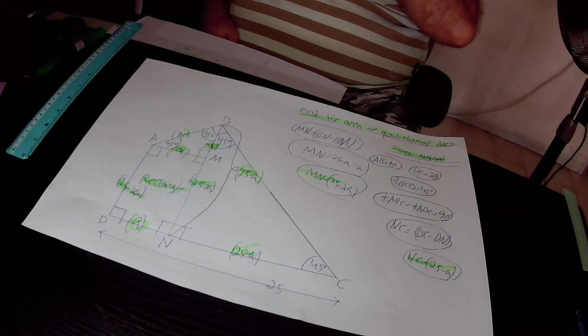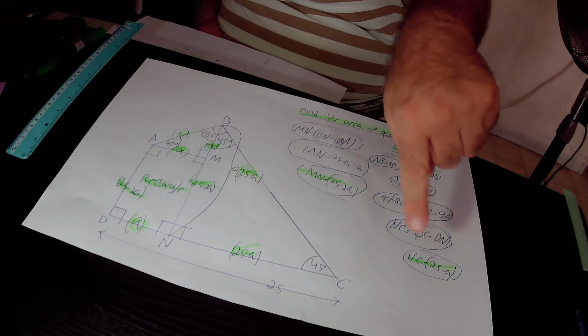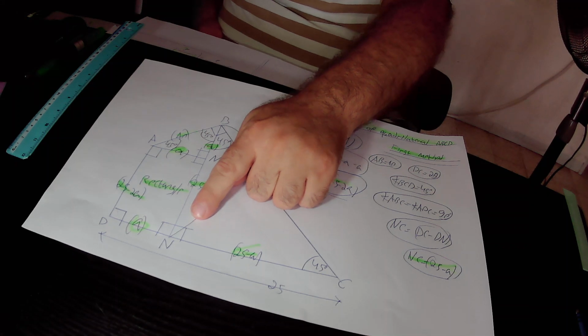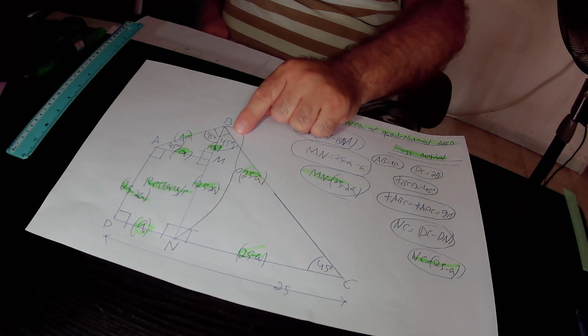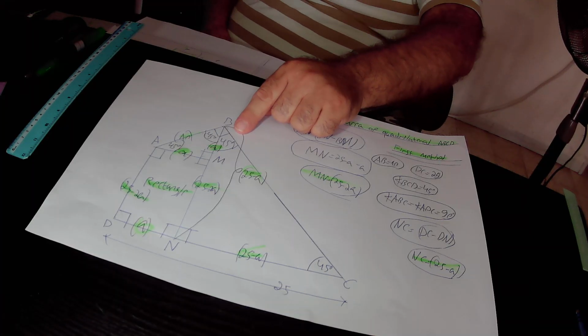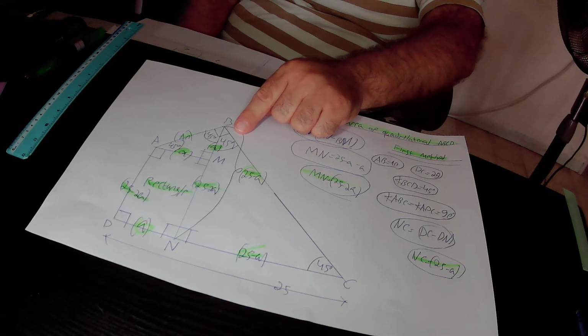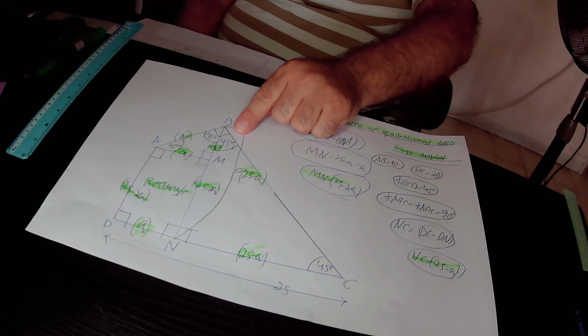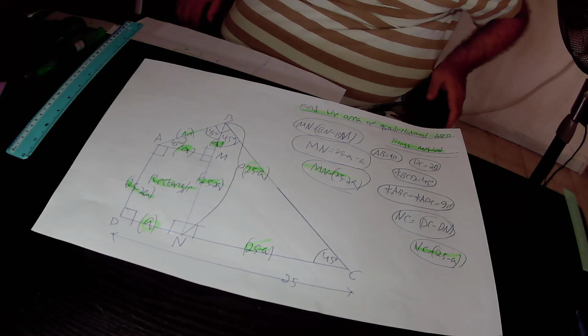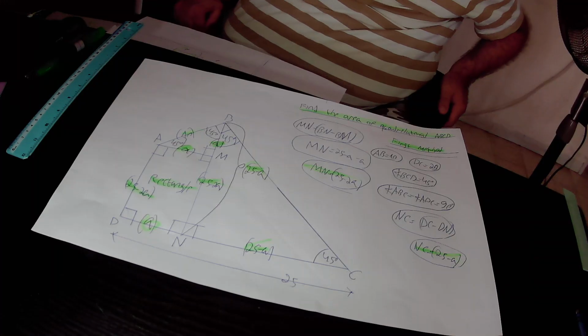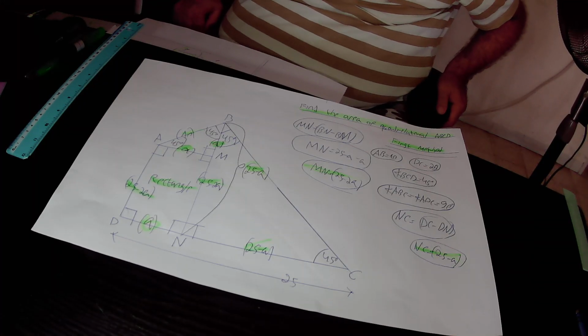In the next step, we focus on this right triangle BNC. In the right triangle BNC, this angle equals 90 degrees. This angle equals 45 degrees, and therefore this other angle must be equal to 45 degrees in size, according to the rule that the sum of the angles in any triangle is equal to 180 degrees. We have the rule that in a triangle, opposite equal angles have equal sides.